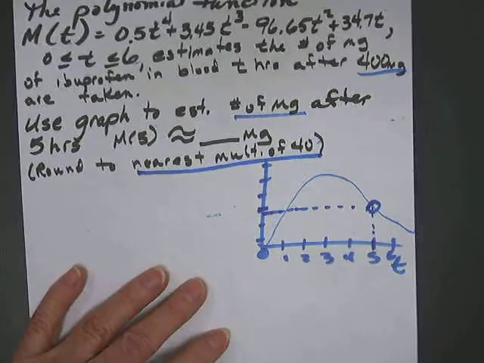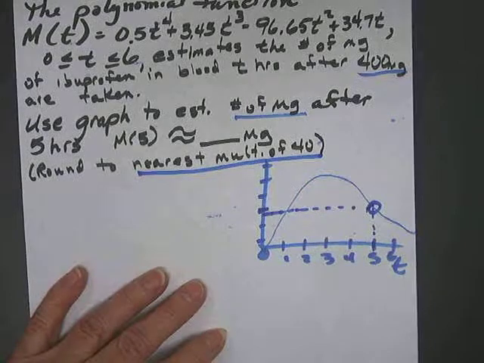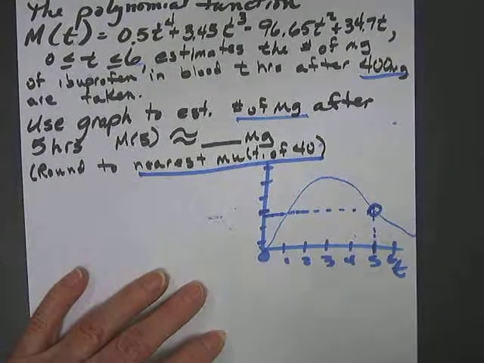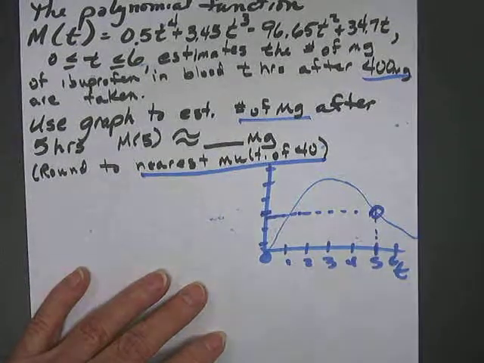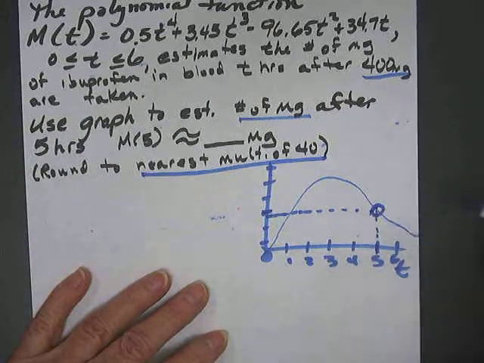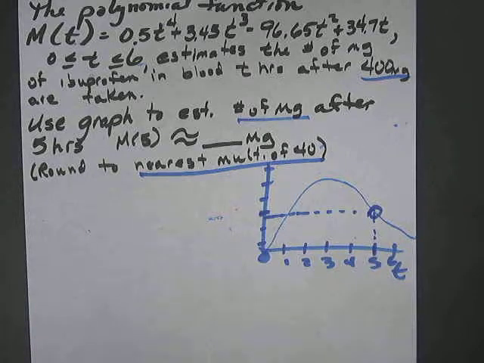Okay, so what it first tells you to do is use the graph to estimate the number of milligrams after 5 hours. When you do that, you go straight up from the 5, and you say, okay, where is that? And you're going to have numbers over here.